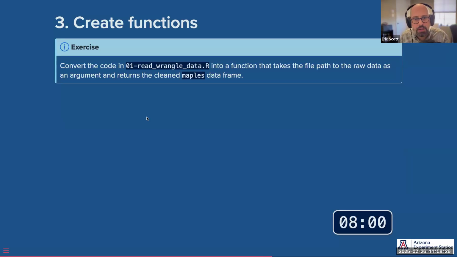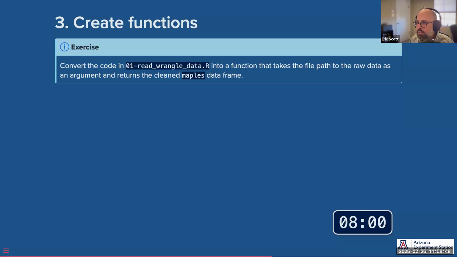We are going to open up the 01 read wrangle data code, and I'd like you to try to convert that into a function. You can decide what you want to call it, but it will take file as an argument, which is a file path to the raw data, the CSV file.